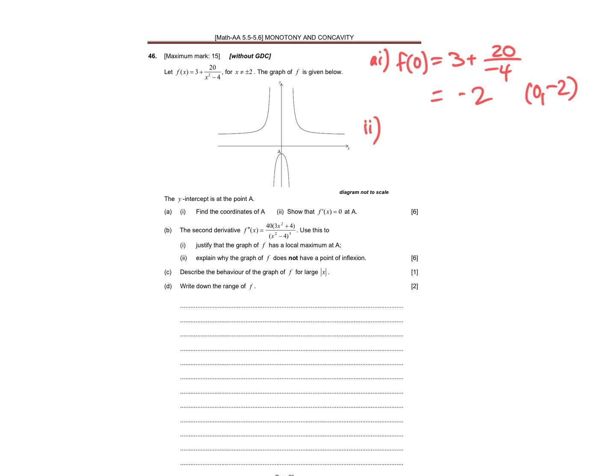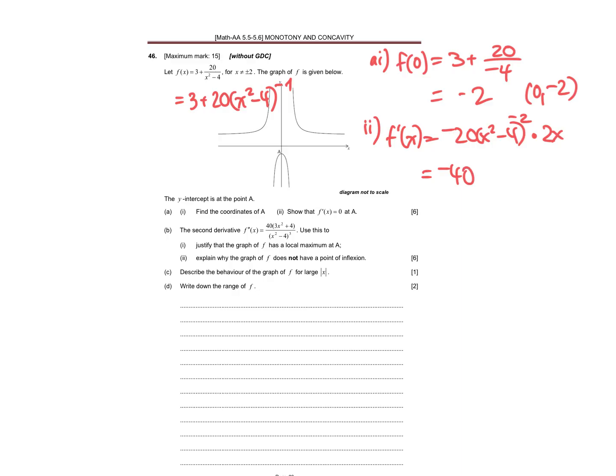Part ii, show that the derivative is 0 at A. So first derivative, 3 goes away. So this is 3 plus 20(x squared minus 4) to the negative 1. So the derivative is going to be negative 20(x squared minus 4) to the negative 2, times 2x.